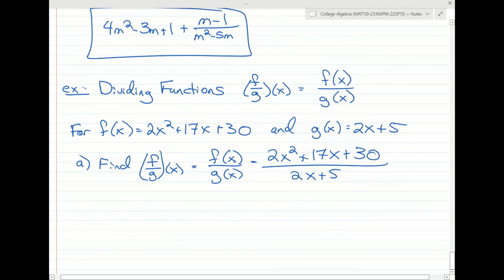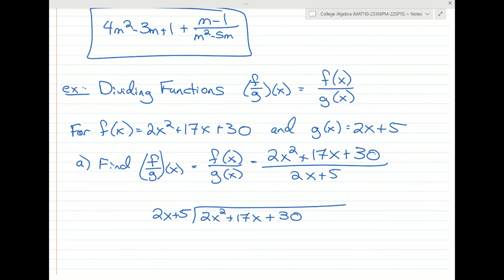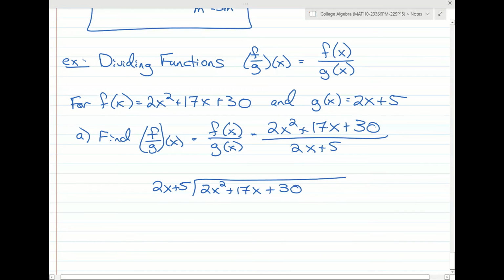So if we're going to do division, we'll set it up exactly the same way we did the last problem. 2x times what is 2x squared? The answer is just x. Then you multiply and subtract. So 2x squared plus 5x, but we have to remember to subtract those.